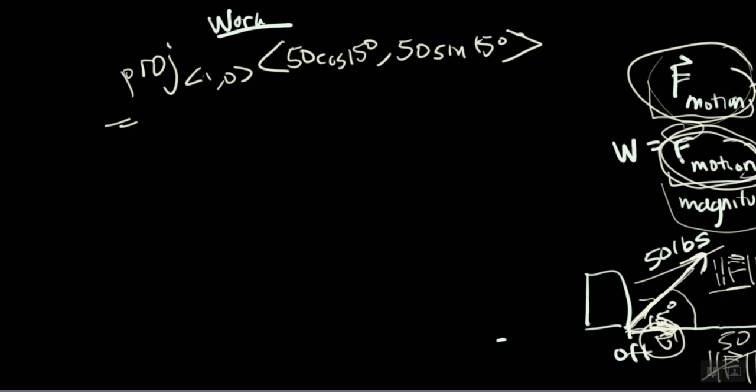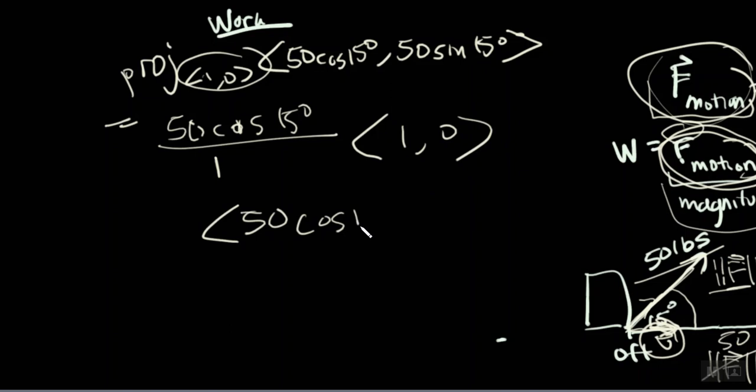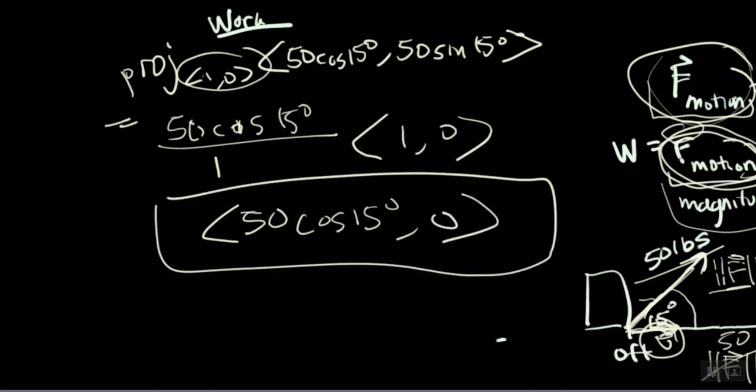So this times 1 is going to be 50 cosine 15 degrees over the vector dot producted with itself. So it's going to be 1 times 1 is 1, plus 0 times 0 is 0. And we're going to multiply by that. And you end up getting a vector that looks like this, 50 cosine 15 degrees, comma 0. So that is the projection.